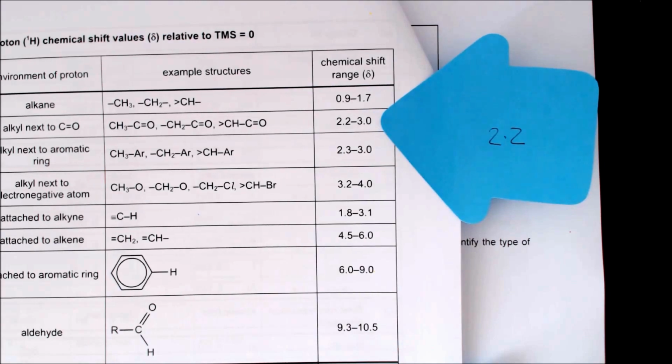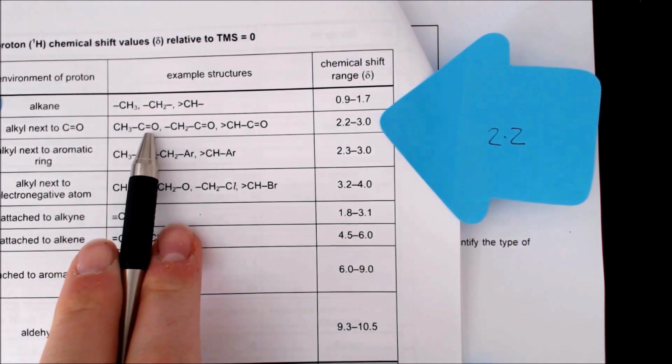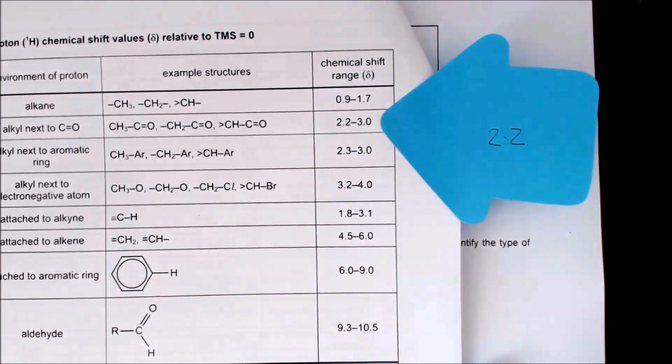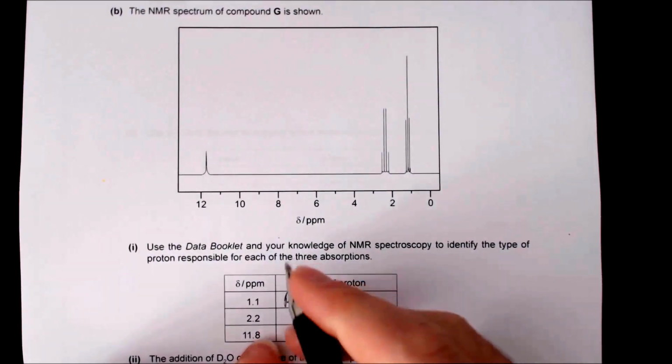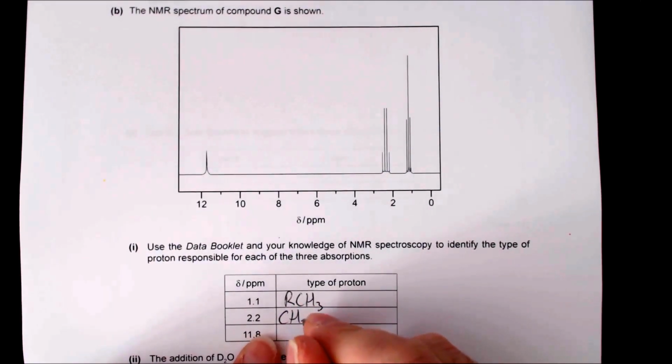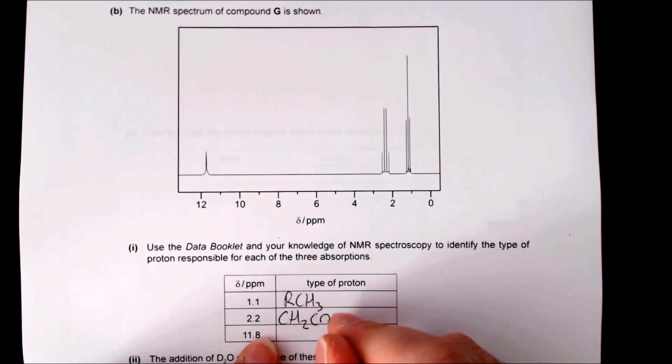Due to the splitting patterns that we have, it's unlikely to be something like this. So anything to do with CH3 C double bond O or CH2 C double bond O. Okay, so let's write down CH2 C double bond O or anything like that.